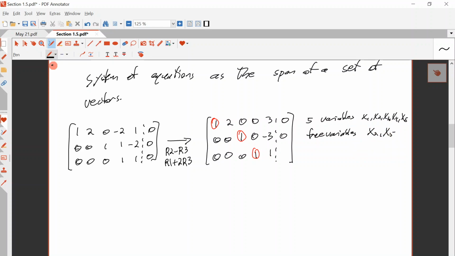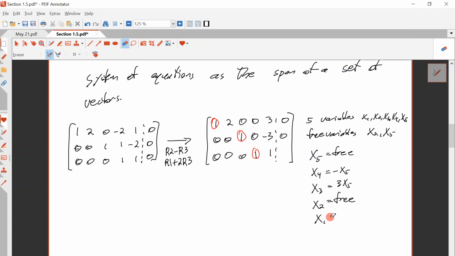Alright, so the solutions look like this. x5 is free. x4 is minus x5. x3 is 3x5. x2 is free.